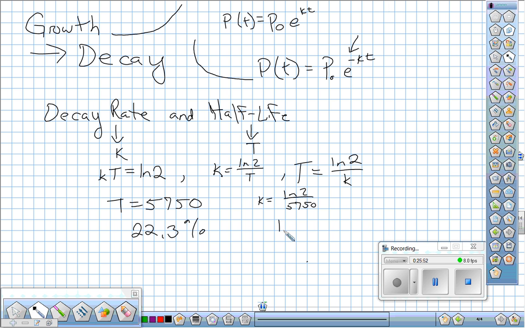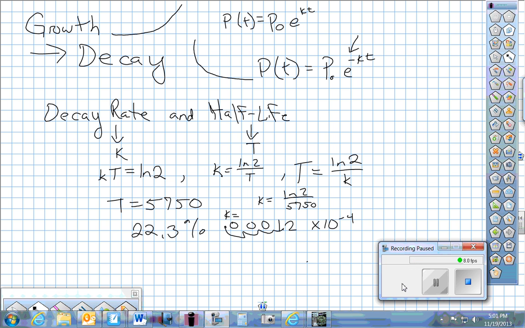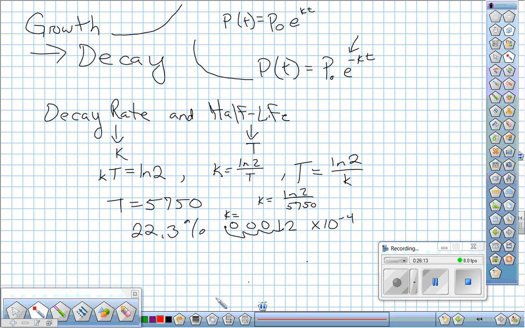If I write that out, which really means moving the decimal 1, 2, 3, 4 places, I have 0.00012 is what my k equals. You could probably write it out cleaner than that. Now we're going to plug this into our function that we already know up here, this decay formula.